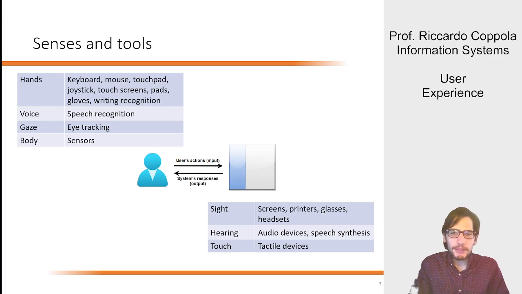We can also have tactile devices that provide touch output to my users. So those are just a few examples meant to underline that almost all the senses can be involved in getting the output from a system, and almost all the parts of a user's body can be involved in providing inputs to the system.